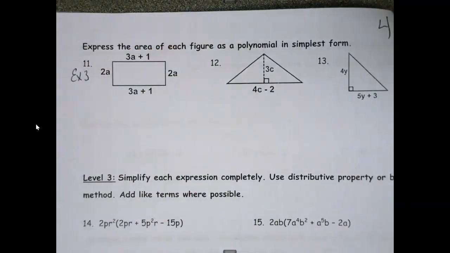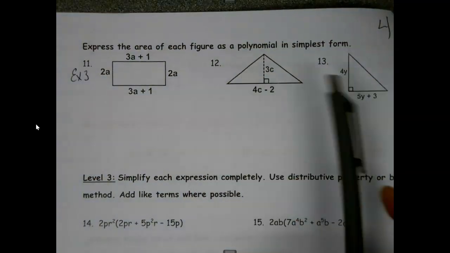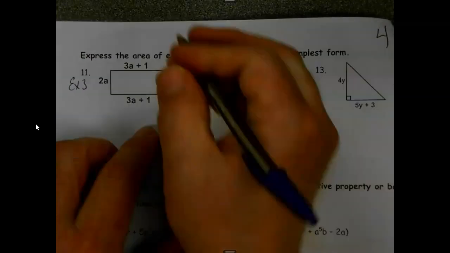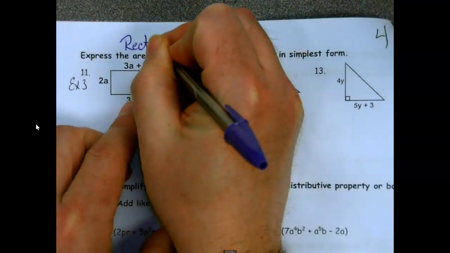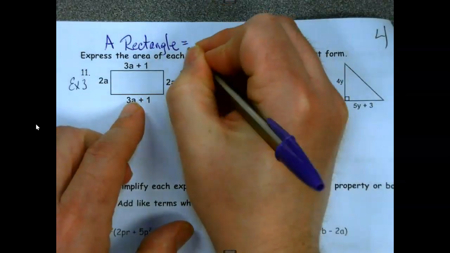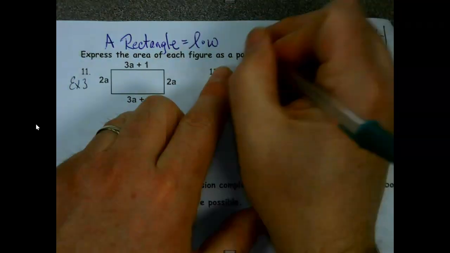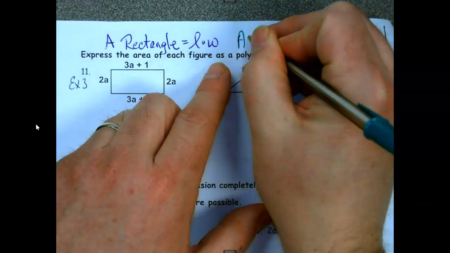So I have an example already ready to go, another rectangle. Triangles we have not talked about yet. So I do have a question. So here, okay, so we already said with a rectangle that the area of a rectangle is length times width. But I have a different shape here now.